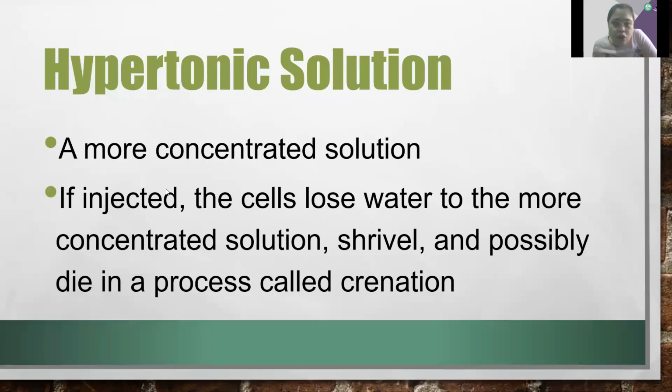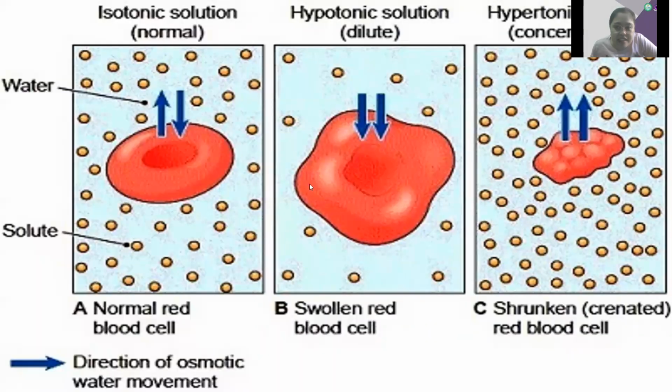But a hypertonic is a more concentrated solution, meaning it has a lot of solute. This will also trigger osmosis, but in reverse. Okay? It's the opposite. We inject a lot of solute, for example into the blood. So this blood now has too much solute.